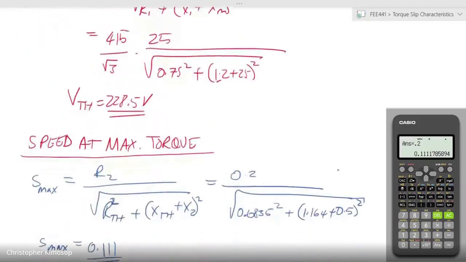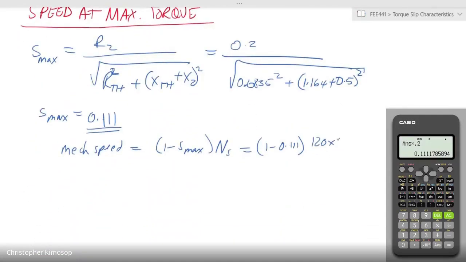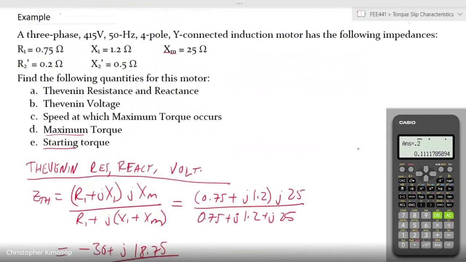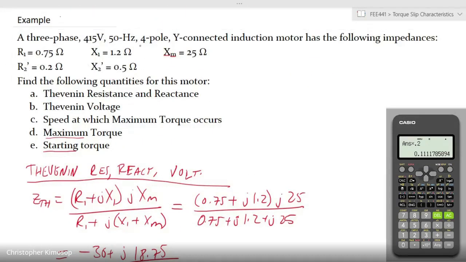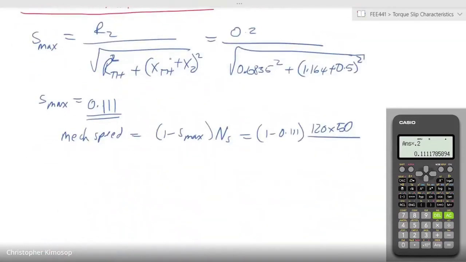Frequency was 50 hertz, and the number of poles is 4, so we divide by 4. Calculating, 1 minus 0.111 times 120 times 50 divided by 4 gives us a speed of 1,333 RPM. Okay. So this is our speed.